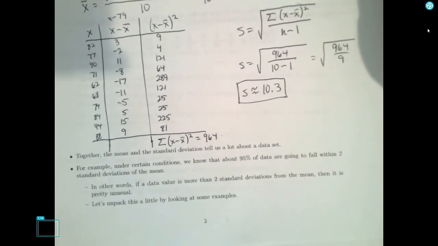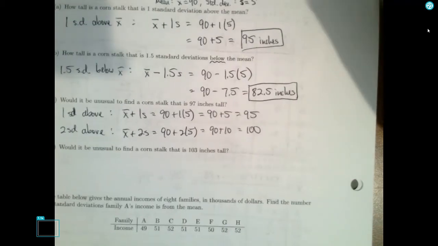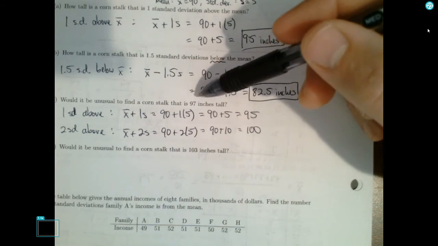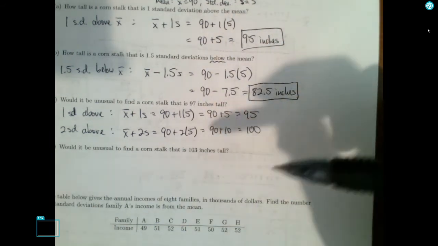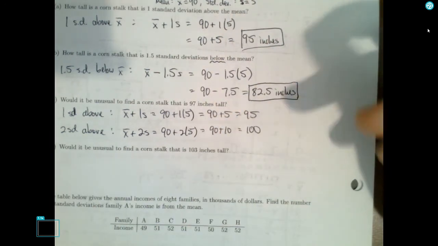So it's only if you're above two standard deviations or below two standard deviations that you're considered to be an unusual thing, right? An unusual height. So this is somewhere between 1 and 2 standard deviations above the mean. So it's not unusual, right?